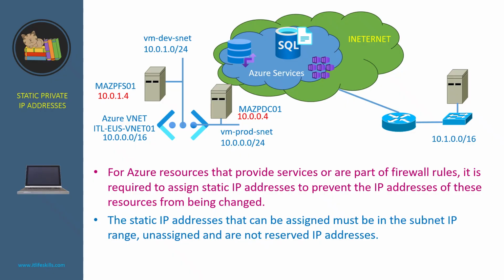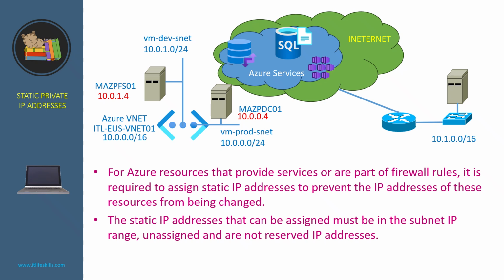Therefore, we have to assign a static IP address for this VM, and the static IP address that can be assigned must be in the subnet IP range, unassigned, and not a reserved IP address.